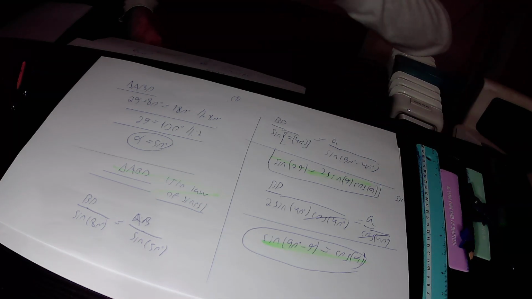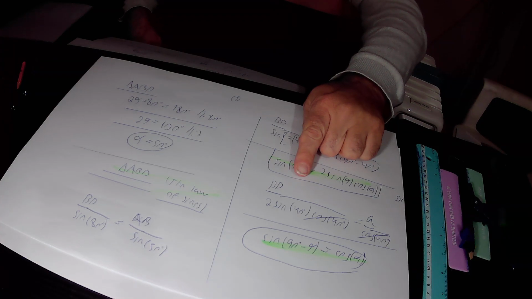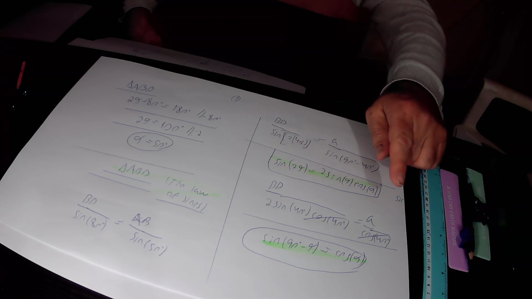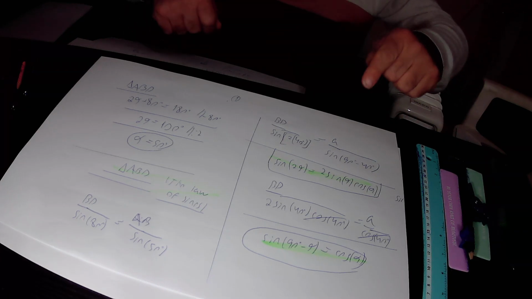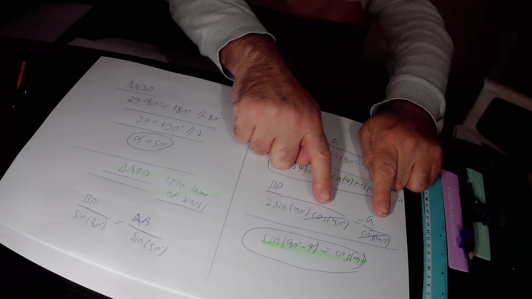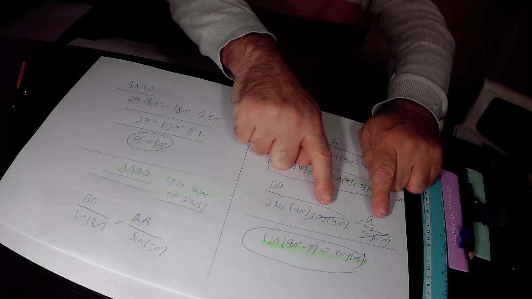So in total, we have found out that BD over 2 times sin 40 degrees cos 40 degrees equals 2 times cos 40 degrees. Here we have cos 40 degrees on both sides of this equation, so cos 40 degrees gets cancelled.